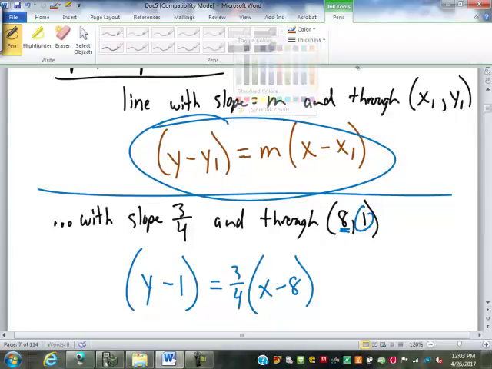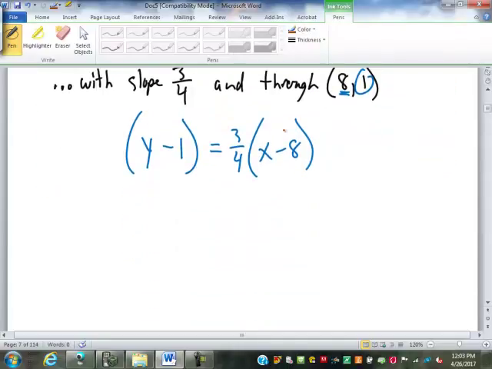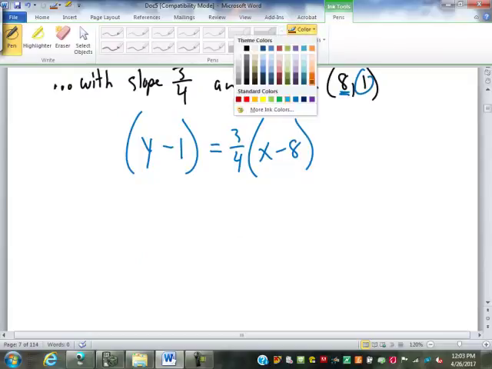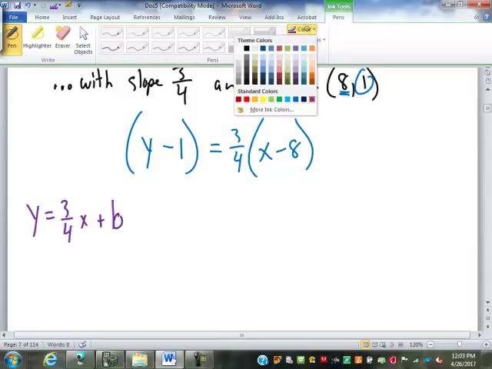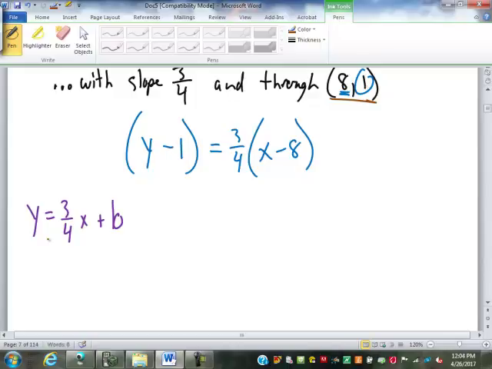This is equivalent to what we would do for slope intercept. If I were doing slope intercept here, I would start out as y equals 3/4 x plus b, and I would use that point 8, 1, so 1 for y, 8 for x.